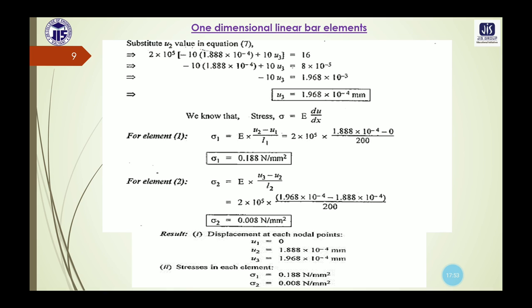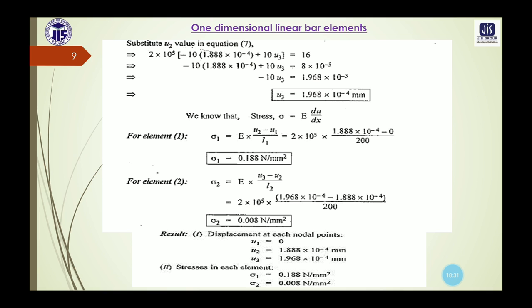Next for element 2, in a similar manner we can calculate the stress. So sigma 2 equals E into u3 minus u2 divided by L2. If we put the value of u3, u2, L2 and the Young's modulus in this equation, then we can easily calculate the value of the stress for element 2, and that value we are getting here is 0.008 Newton per millimeter square.